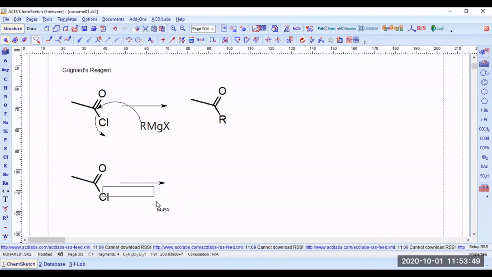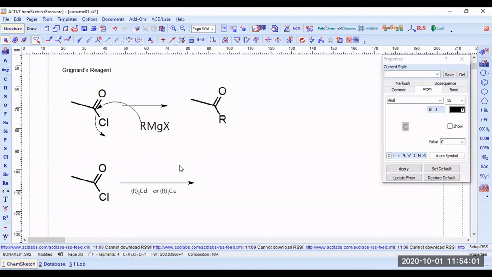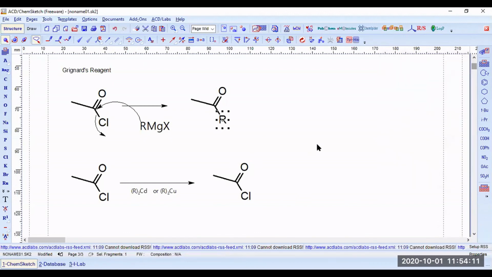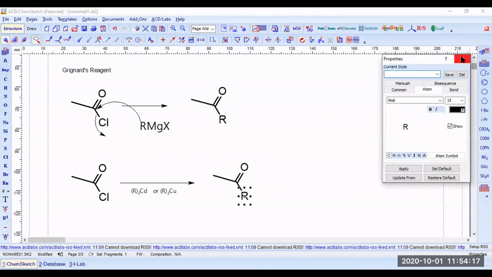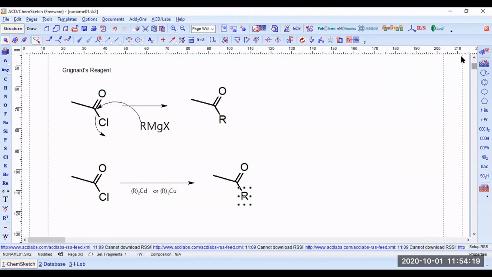These are all preparation methods for carbonyl compounds. Keep in mind, very important for an organic chemist. Finally, you will be preparing the ketone that you get from organometallic reagents.